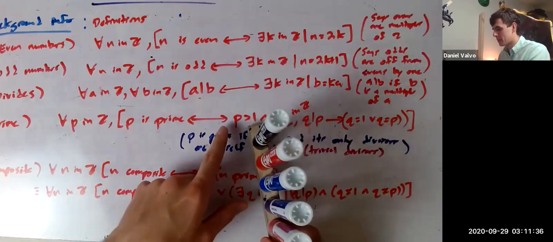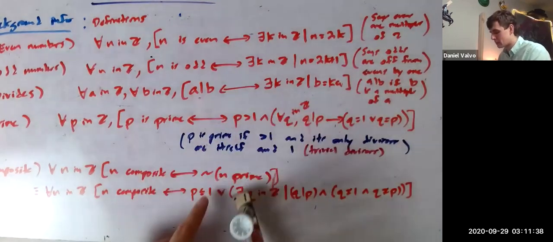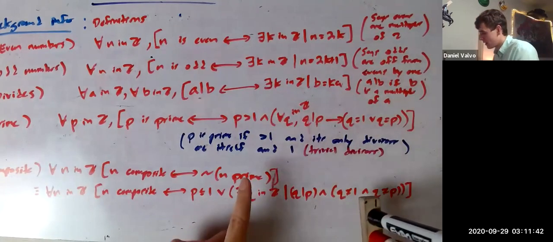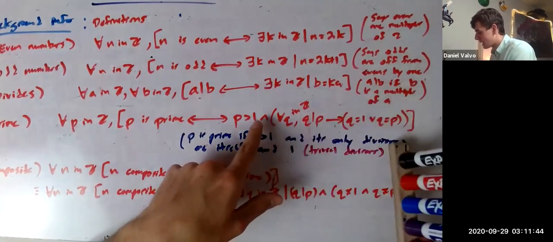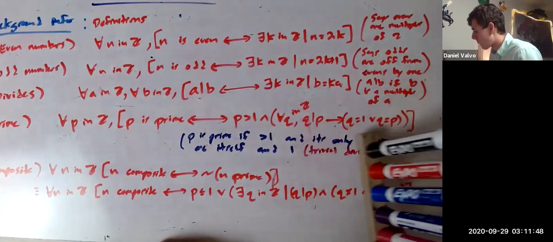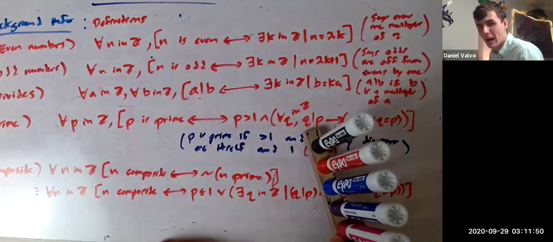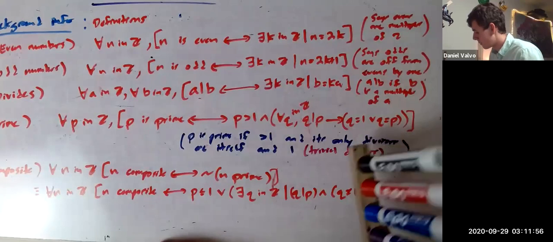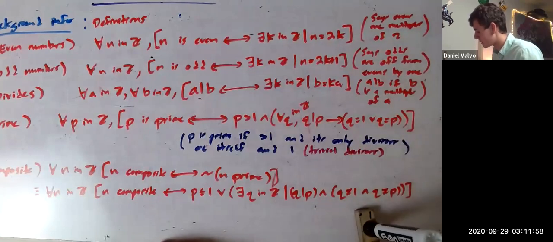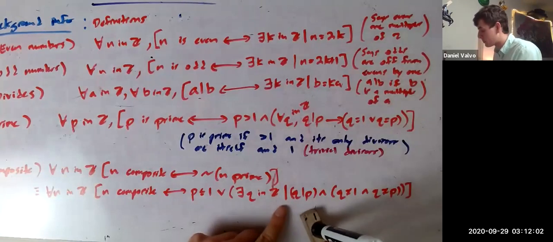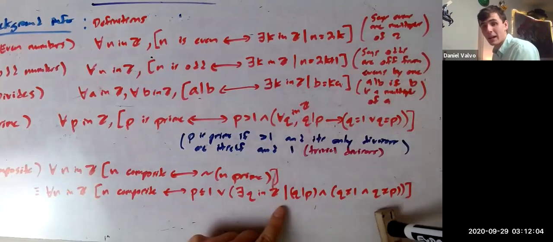And this right here is literally just the negation of this, right? The opposite of p greater than 1 is p less than or equal to 1. The and flips to the or by De Morgan's law, right? And once we negate this, the for all turns into there exists. And then the opposite of if hypothesis, then conclusion is hypothesis and not conclusion, right? So we're saying there does exist some integer that divides p that's not 1 and it's not itself.